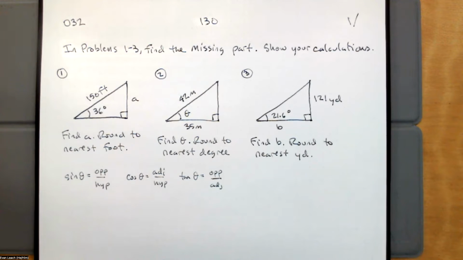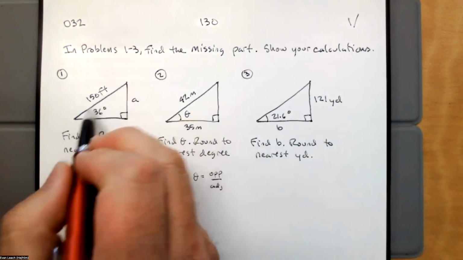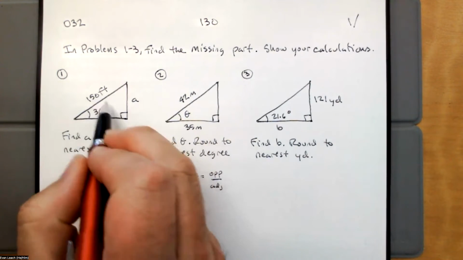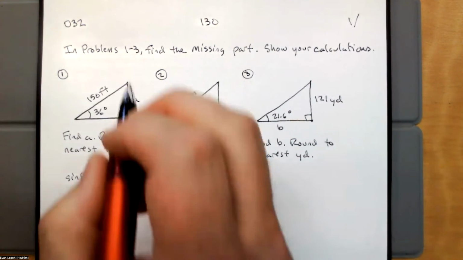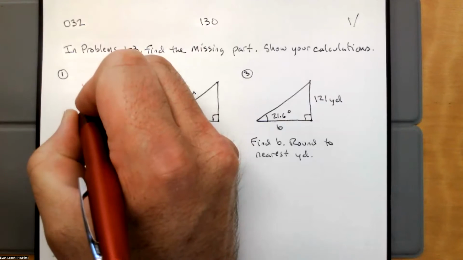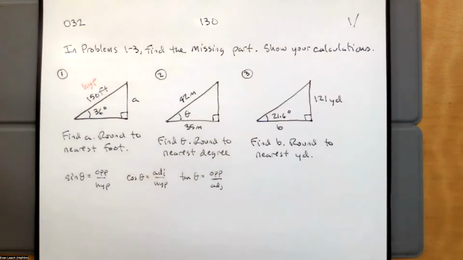What side is the 150 feet? The 150 feet is opposite the right angle, so the 150 feet is a hypotenuse. So right now we're thinking sine or cosine.